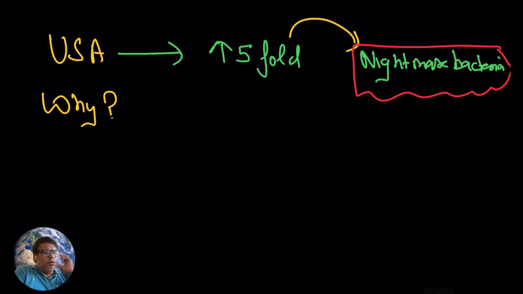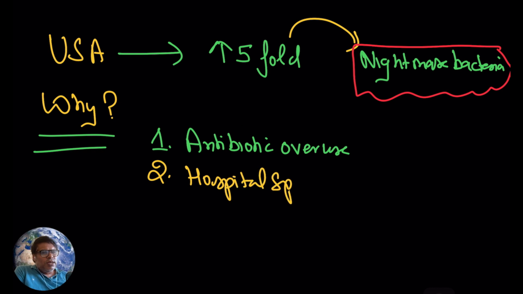Now let us discuss why there is an increase in the number of cases of nightmare bacteria in USA. There are a few reasons. One reason is antibiotic overuse. The people there are using antibiotics, and if they use them excessively, these bacteria also learn how to survive in difficult situations.